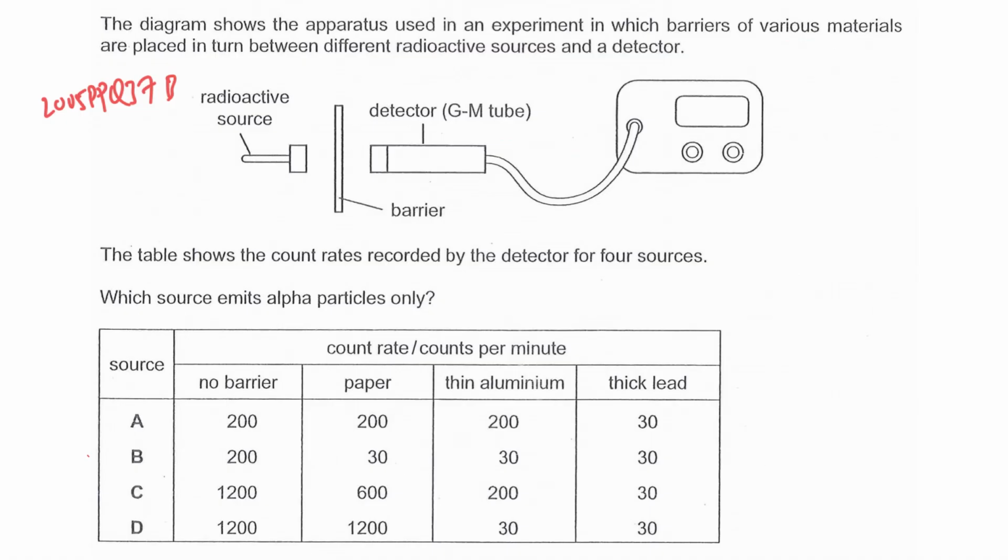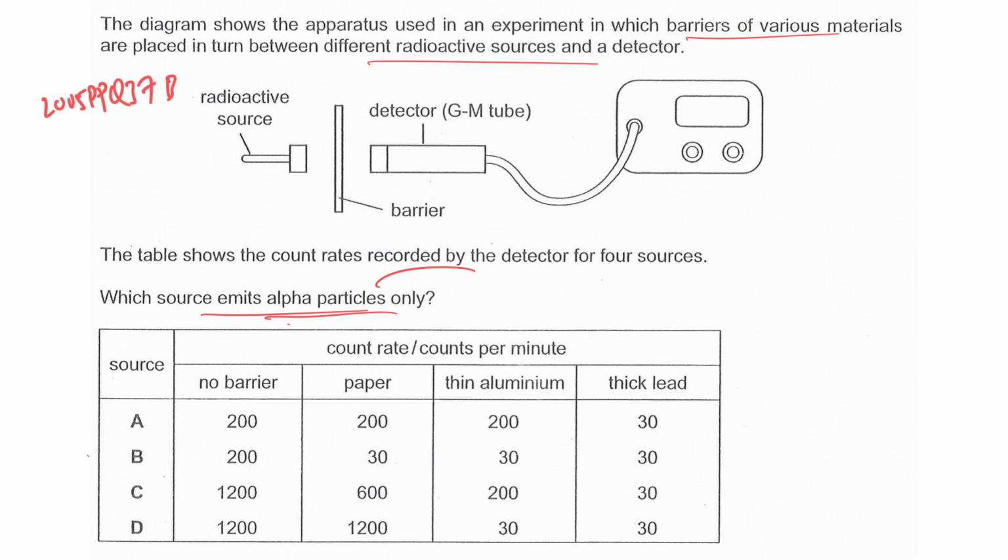In this question, you have different radioactive sources and you have different barriers, and you will have the different count rate that's recorded. So they ask you which source emits alpha particles only. If you can recall, alpha particles is the least penetrating, and it can be stopped by a few cm of air, by your human skin or a piece of paper or a thin aluminum foil.